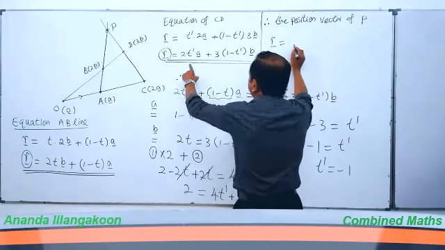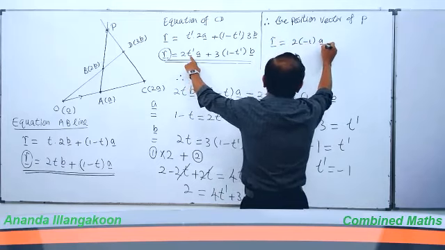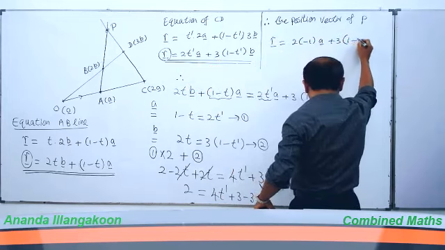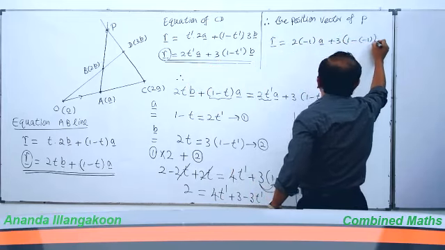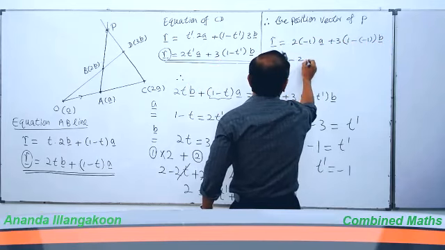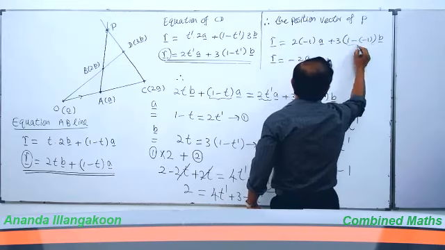R equals t dash minus 1, 2 into minus 1 a vector plus 3 into 1 minus 1 b vector. R vector is minus 2a plus 3 into 2 is 6b.